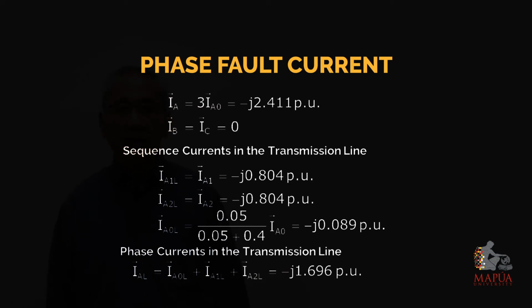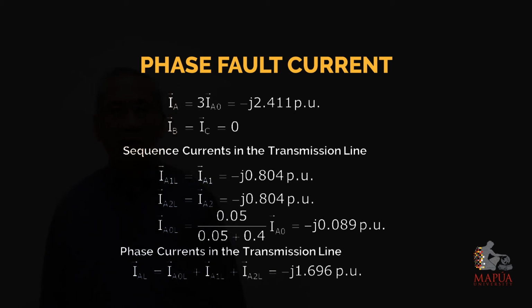Now, for the sequence currents in the transmission line, Ia1L is equal to Ia1, equal to negative j0.804 per unit. Ia2L is equal to Ia2, equal to negative j0.804 per unit.